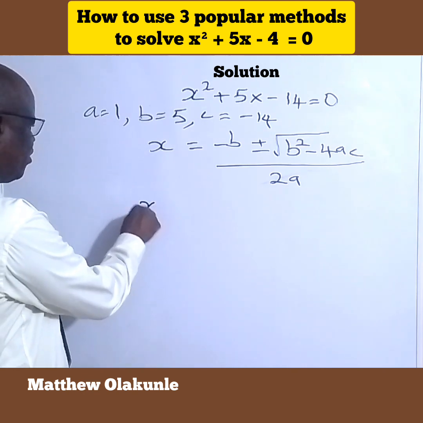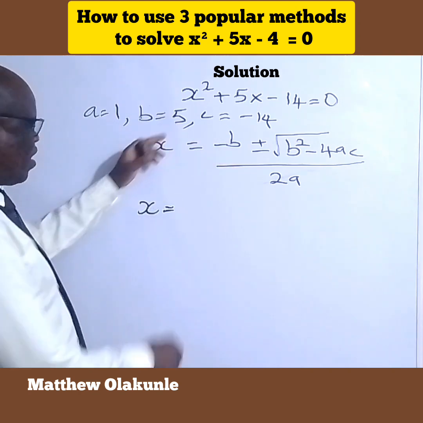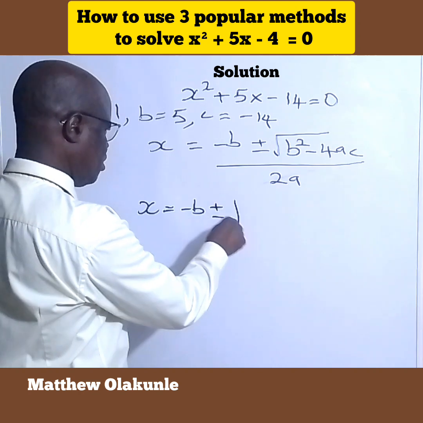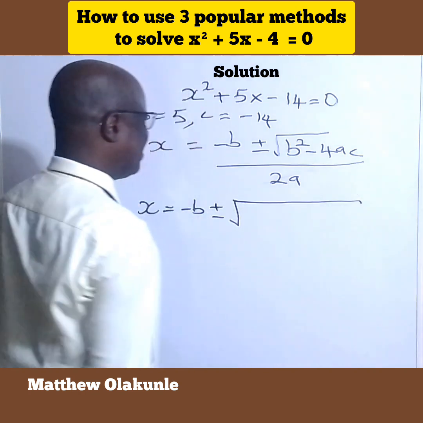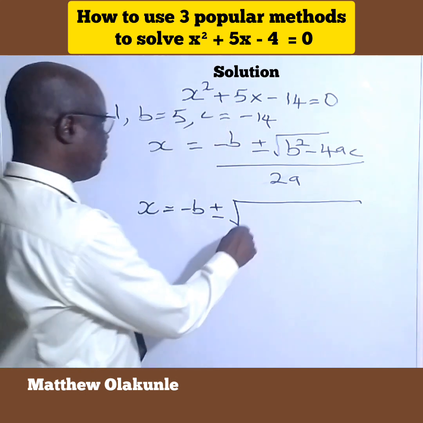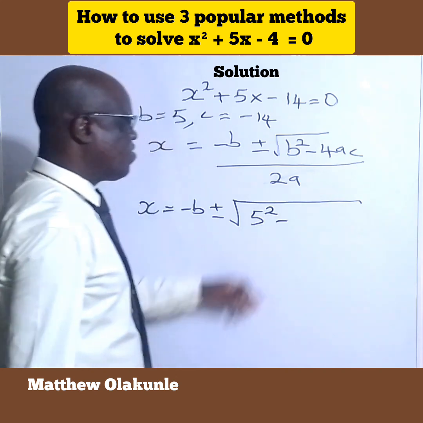We have x equals minus b, that is minus 5, then you have b squared, which is 5 squared, minus 4.